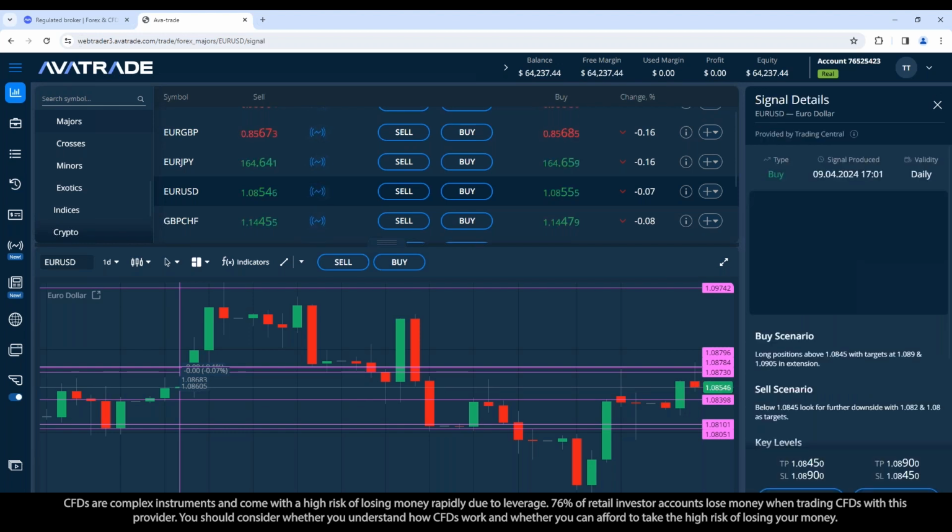So if we click on that, we can see that it is a buy recommendation after quite a bit of dropping, with the USD pulling the euro down. So we're just above a support level here. And the signal is to buy with a take profit up around 108.90, 109, basically, maybe a hair above that. That's the take profit zone up here on this signal.